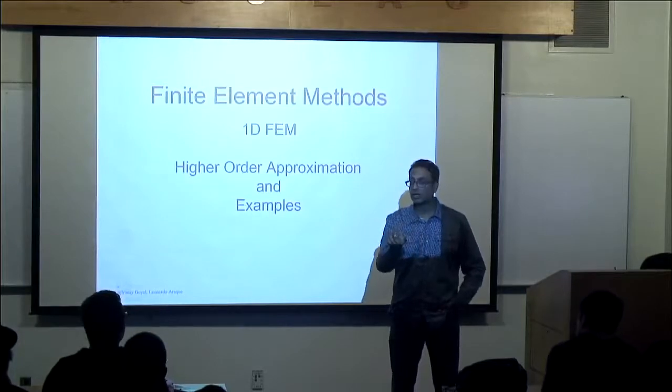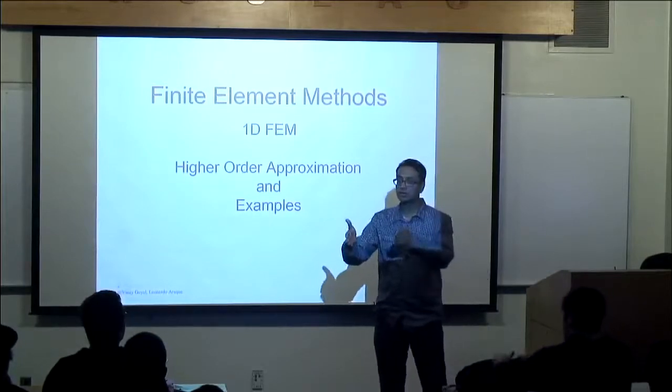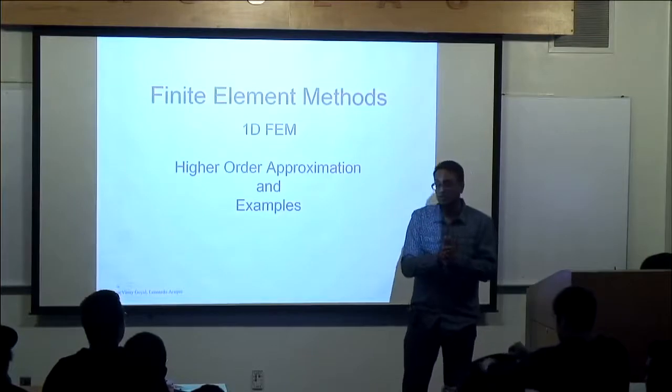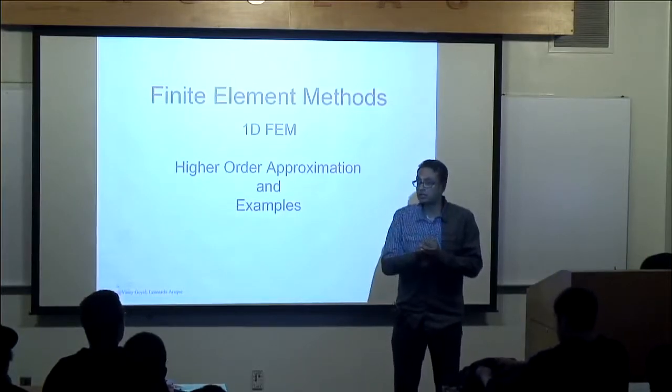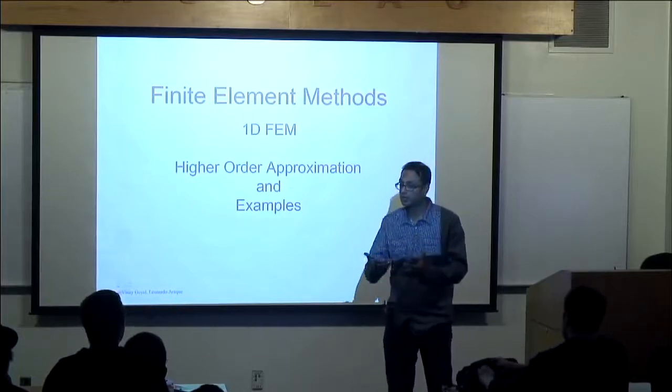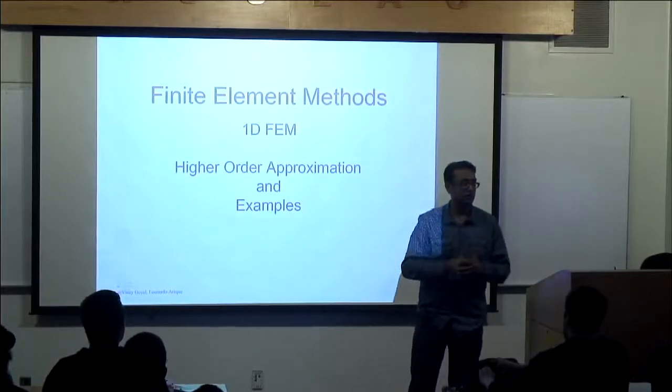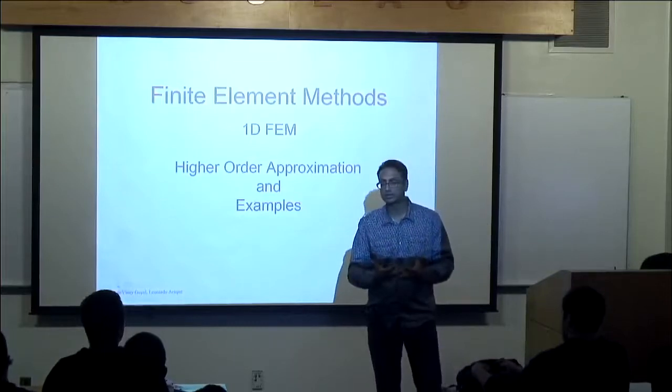Now I have basis functions that go along with these unknown nodal values, and these basis functions have meaning also. They have properties such as partition of unity and the Kronecker delta.